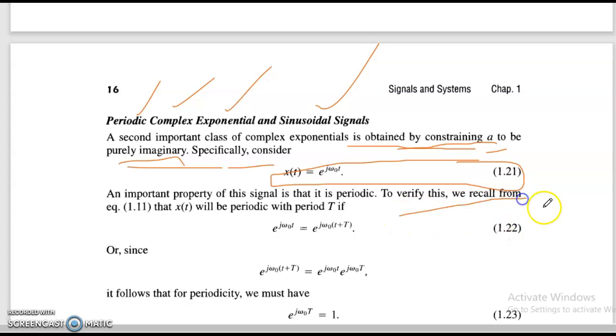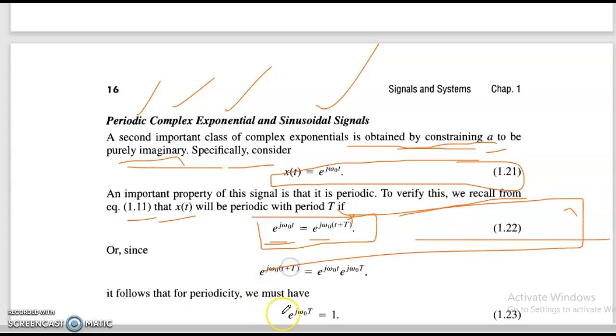To verify this, we recall from equation 1.1 that x(t) will be periodic with period T if e^(j omega naught t) equals e^(j omega naught (t plus T)). This is equation 1.22. Here, small t is the variable and capital T is the period.